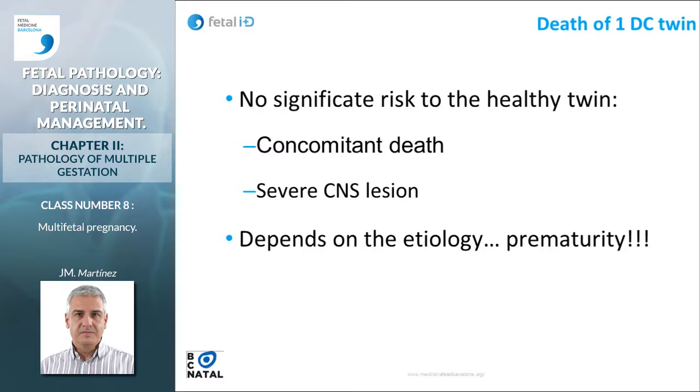This is important because this implies we do not have to take any active behavior towards this pregnancy. We don't have to do any special test, only try to establish the cause of death of the twin, because if it is due to infection, the other twin is at risk, or if it's due to a hemodynamic situation, the other twin could die as well.